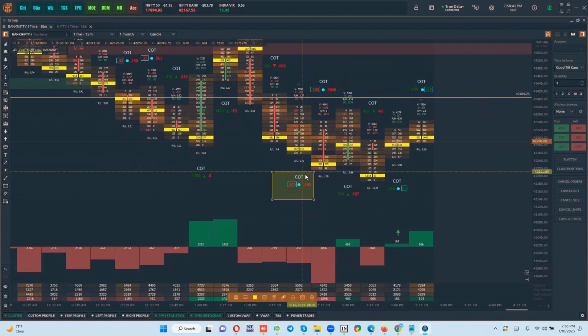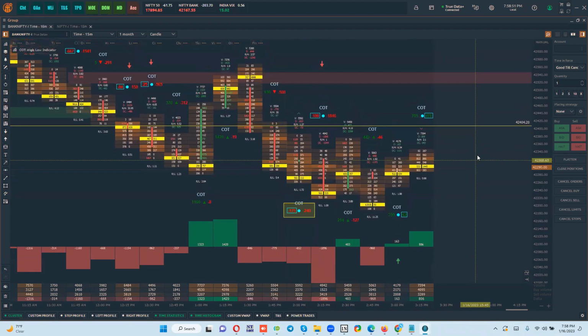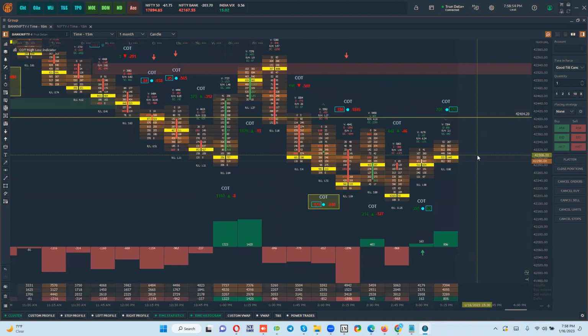This is really helpful. My question was, on the COT indicator, is it possible to set an alert when we see a trapped seller or buyer based on the information? No, at this point of time, no. As I told you, this is the first version of the indicator. Based on everybody's feedback, we would like to enhance the functionality.